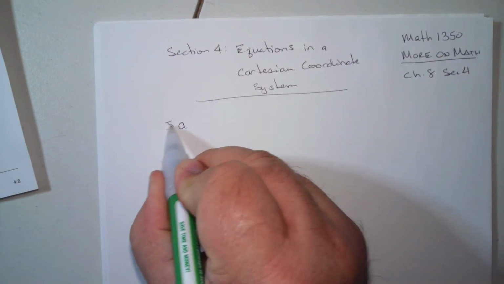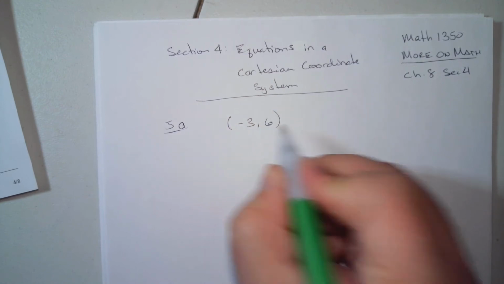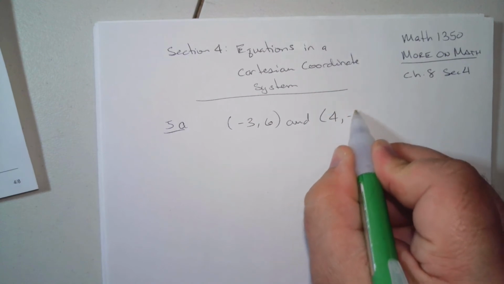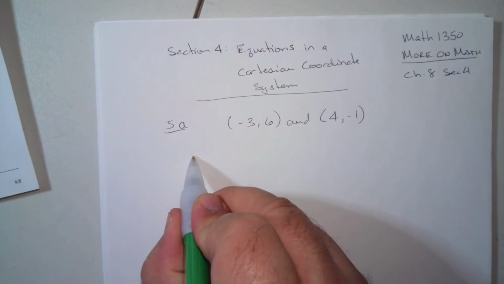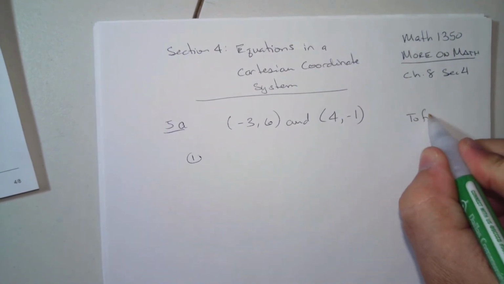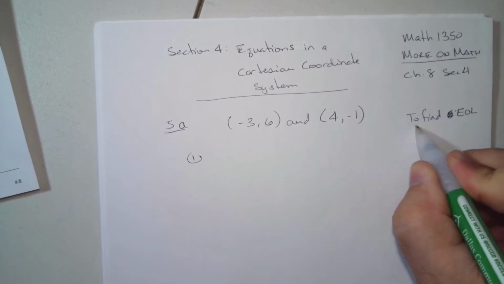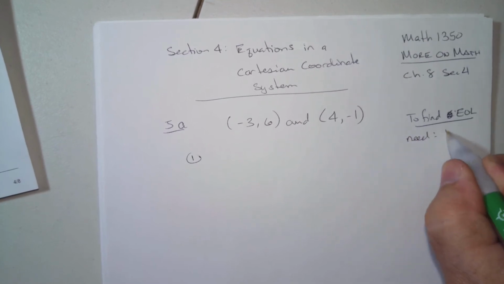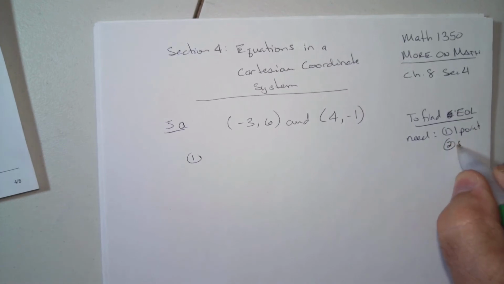This is 5a. The points are negative 3, 6, and 4, negative 1. To find the equation of the line, you need two things: one point and a slope.